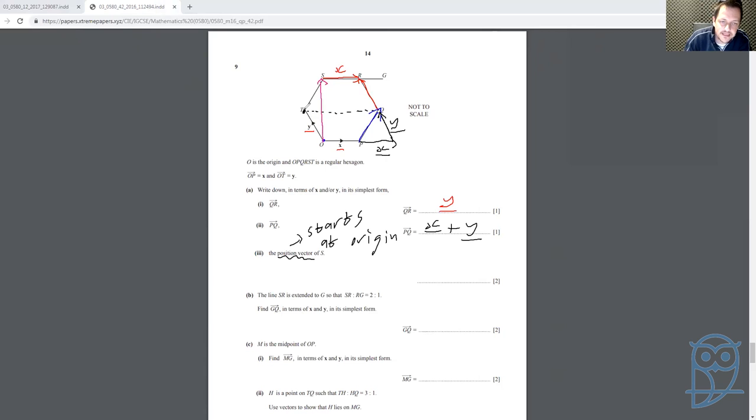So from O, I can get to T. Can I get from T to S? Well, now that I've worked out PQ, I know what this is going to be. TS is actually the same as PQ. We can see that and that are the same.